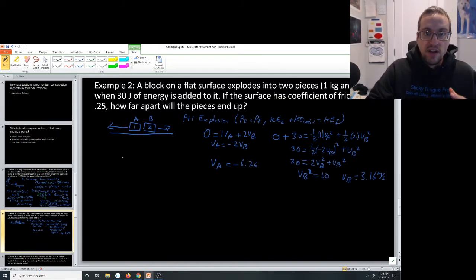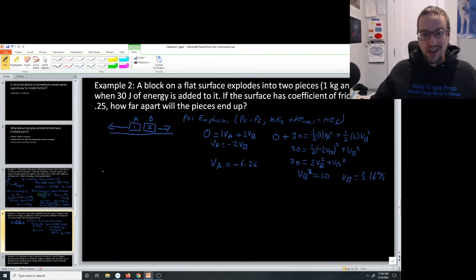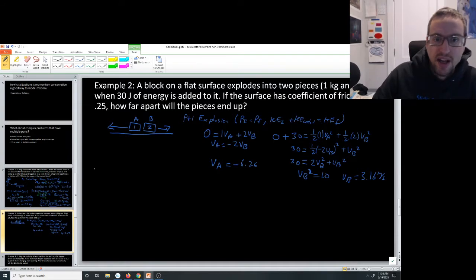All right, so now they've done that. But the second thing that happens is they both slide, and we actually want to treat them as separate sliding objects. So this is really going to be like parts 2A and 2B, right? So part 2A is the A block sliding. I've got an initial velocity going this way, which means my friction's this way. And I guess we'll make left negative, just to keep everything consistent.